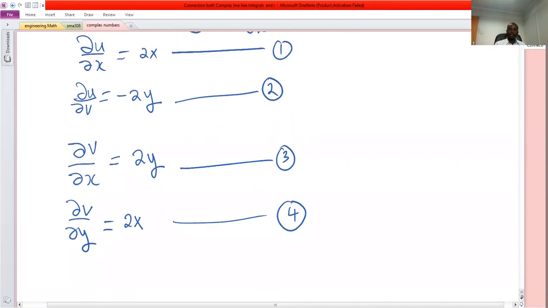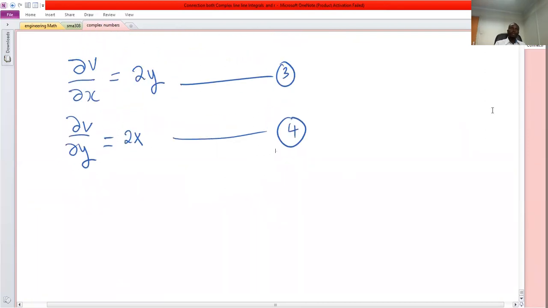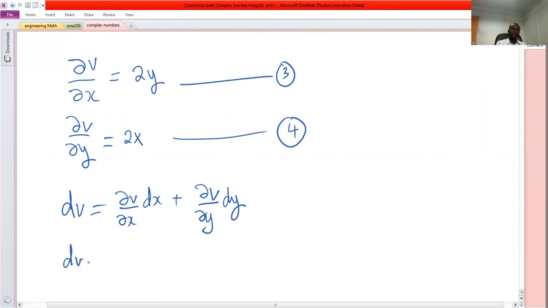From calculus, we also know that dv is partial v partial x dx plus partial v partial y dy. So we replace, we have dv equals 2y dx plus 2x dy.